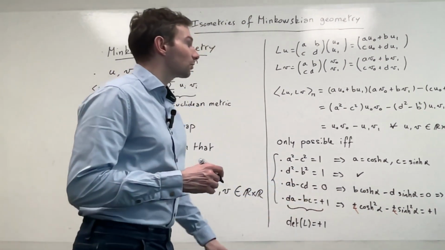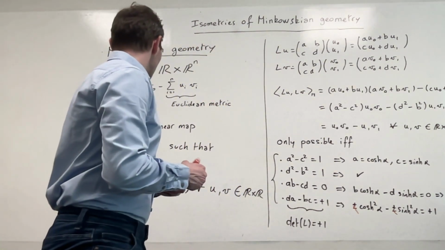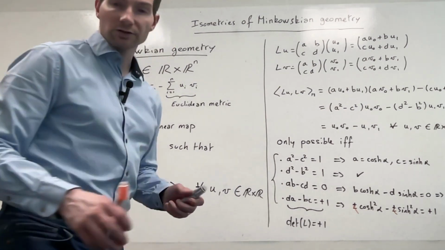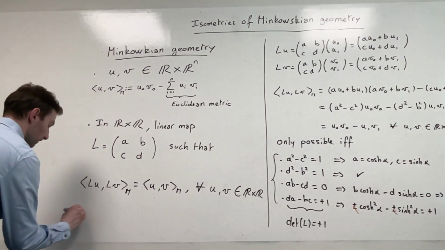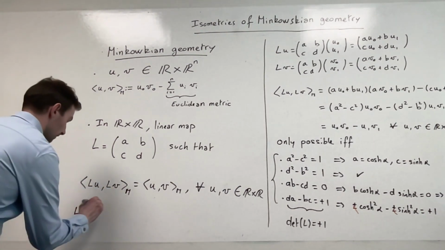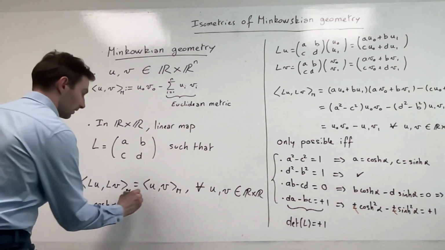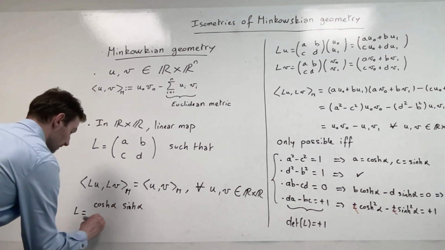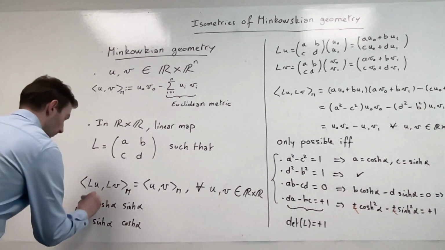So then, what we have in the end, and I will put that here as a final summary, is that the thing that works very well is something of the form cosh of alpha, sinh of alpha, sinh of alpha, and then cosh of alpha.